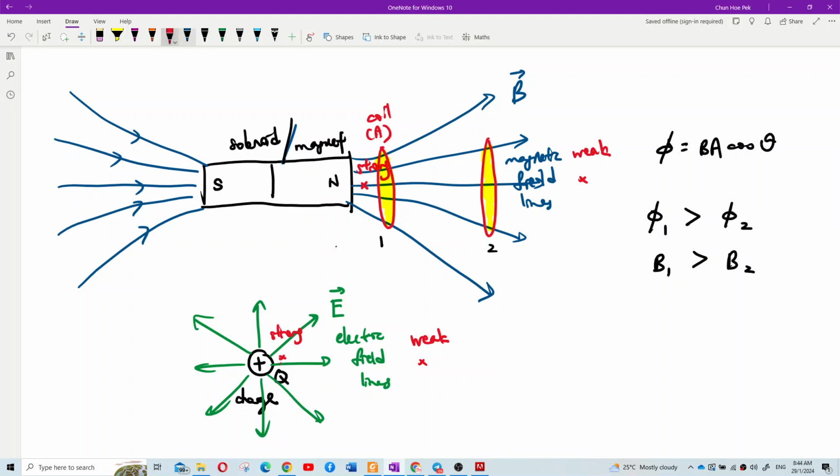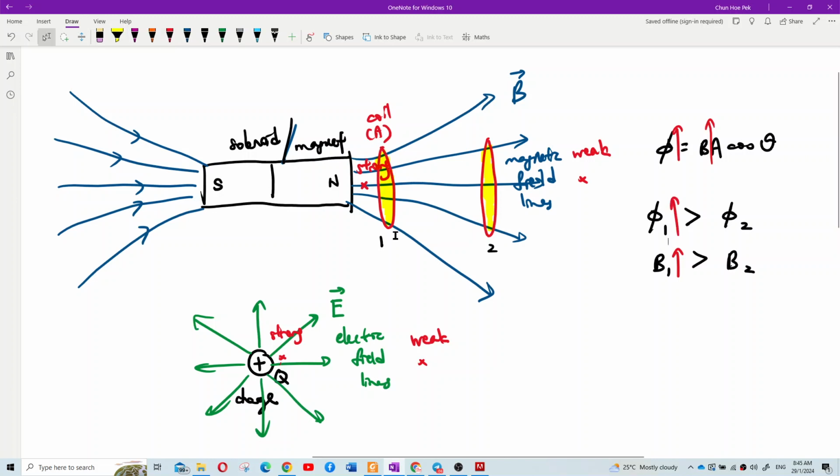Correct or not, class? Bigger, because when the coil is nearer to the magnet, it has a strong magnetic field. Like B1, it has a strong magnetic field, so it has more magnetic flux.